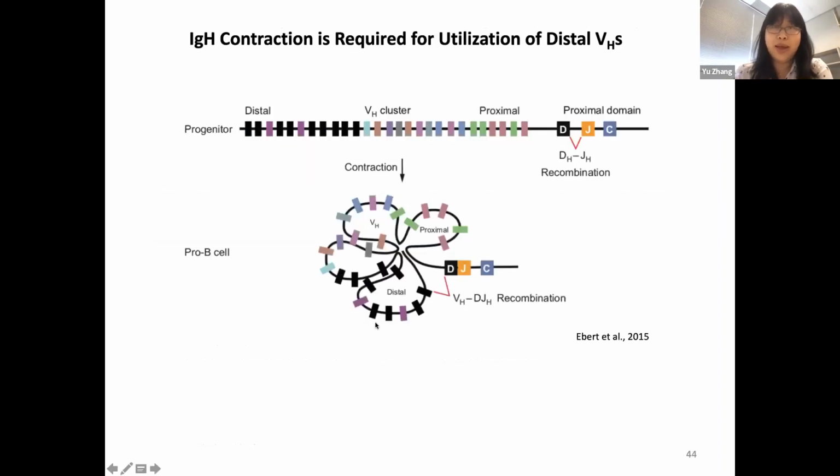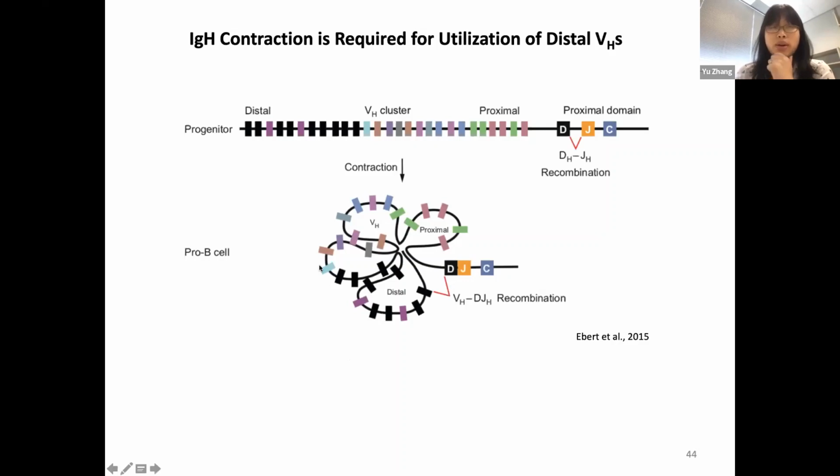For the V2DJ joining process, a very important process is called edge-edge contraction, because in uncommitted B cells, the V genes are spread over very, very long chromatin distance, and therefore the distal Vs are very far away from the DJ domain.